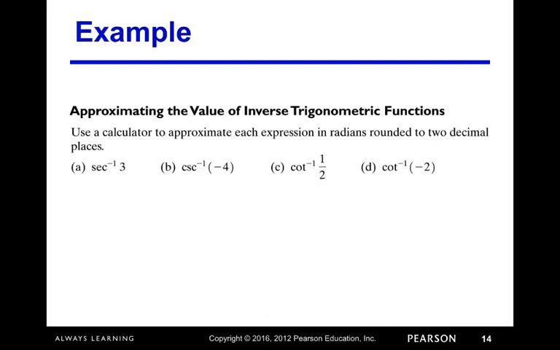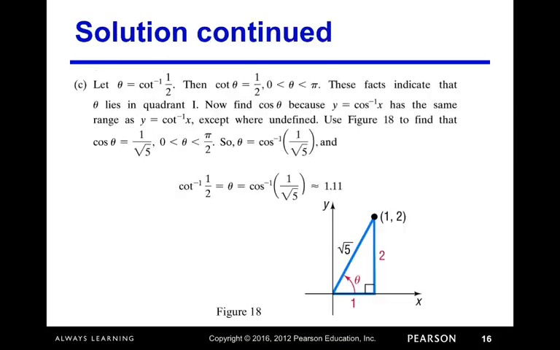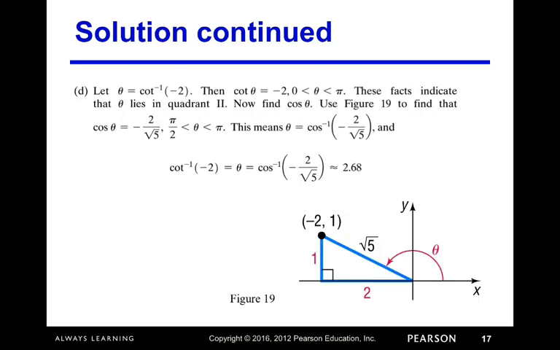So let's look back at their next problem, another cotangent problem. Cotangent of negative 2. Again, since we're looking in 0 to pi, we're going to switch it to cosine.